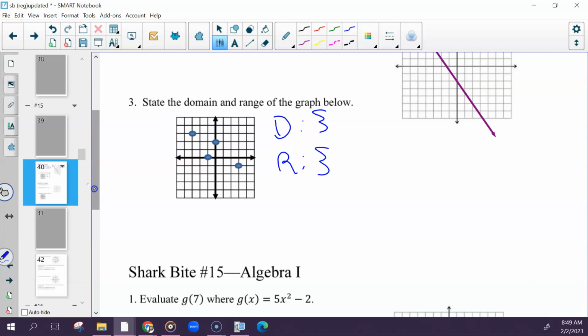Per domain? Okay, I think that's our -3. Yep. And then for our range, least to greatest, so lowest to highest, Otis? So if you wrote anything other than that, make sure you fix that. Questions on that one?